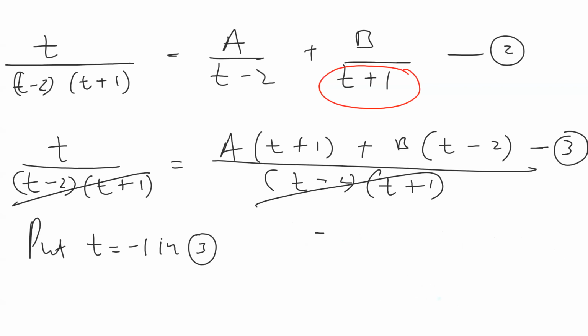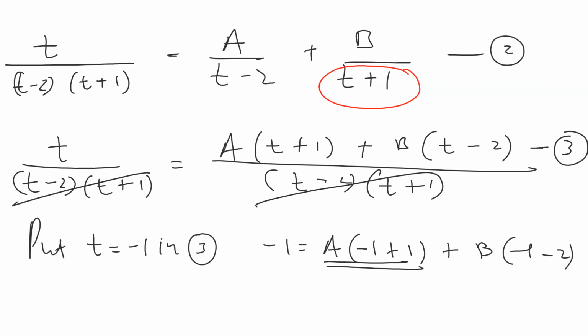So let's do that. t is equal to minus 1, A into minus 1 plus 1, B into minus 1 minus 2. Okay, so A is eliminated. So minus 1 is equal to minus 3B, B is 1 by 3. Okay, so A is 2 by 3, B is 1 by 3.